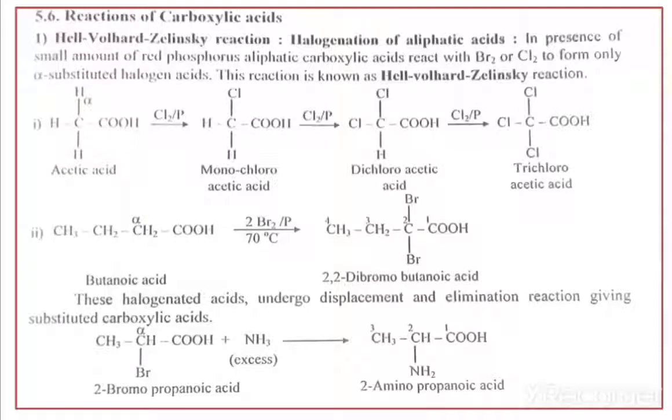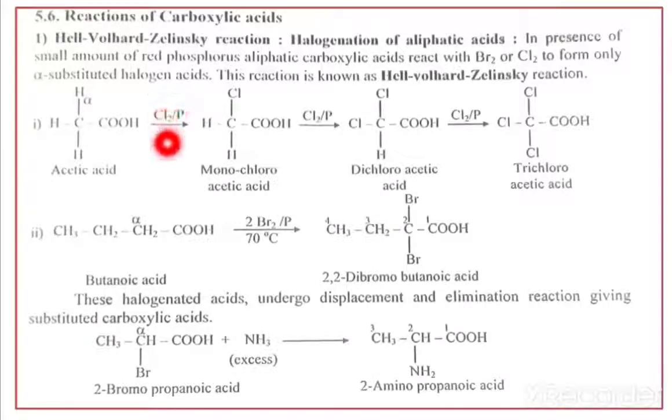Hell-Volhard-Zelinsky reaction. The Hell-Volhard-Zelinsky reaction is nothing but the halogenation of aliphatic acids. Here, the reaction takes place in the presence of small amount of red phosphorus, aliphatic carboxylic acids react with Br2 or Cl2.